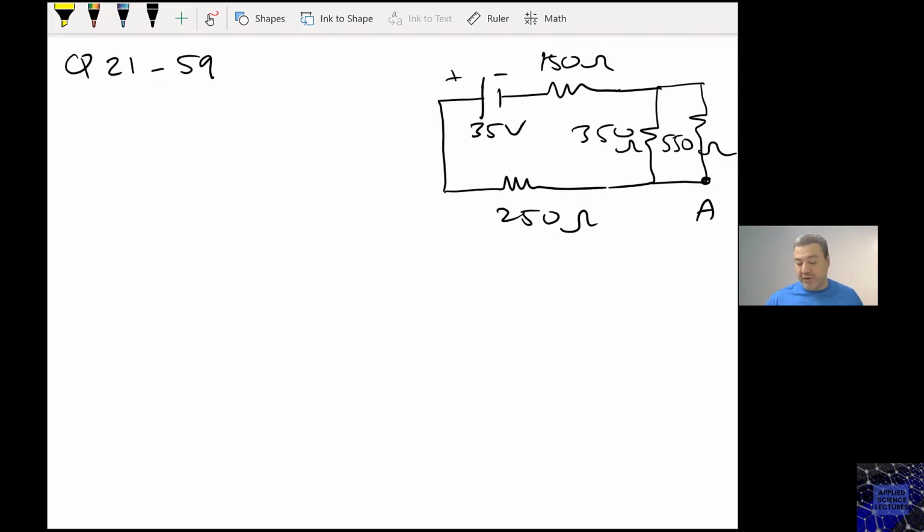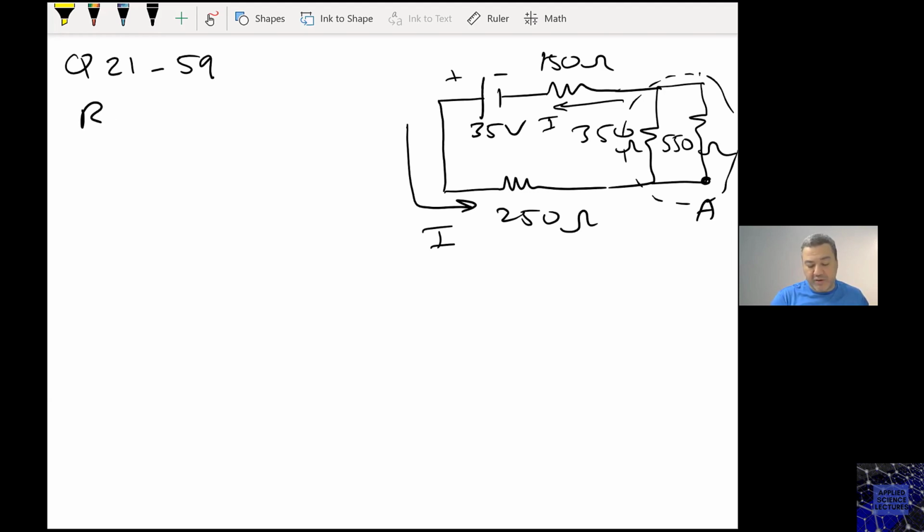So in order to calculate this current, again, this current that I'm calling here I is also going here as I, right? So the same thing here, I will find the equivalent resistance for the 350 and 550.